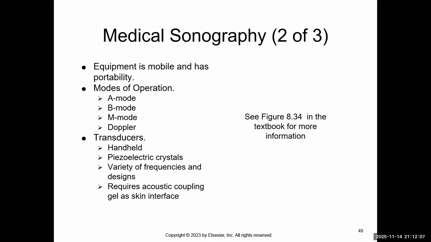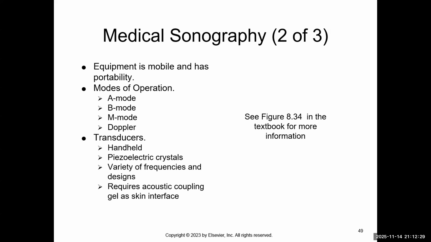A lot of their exams will need acoustic gel, so gel that's placed between the probe and the skin, and it helps remove air bubbles, and it also allows the sound to travel into the patient's body smoothly. So the acoustic gel is needed.